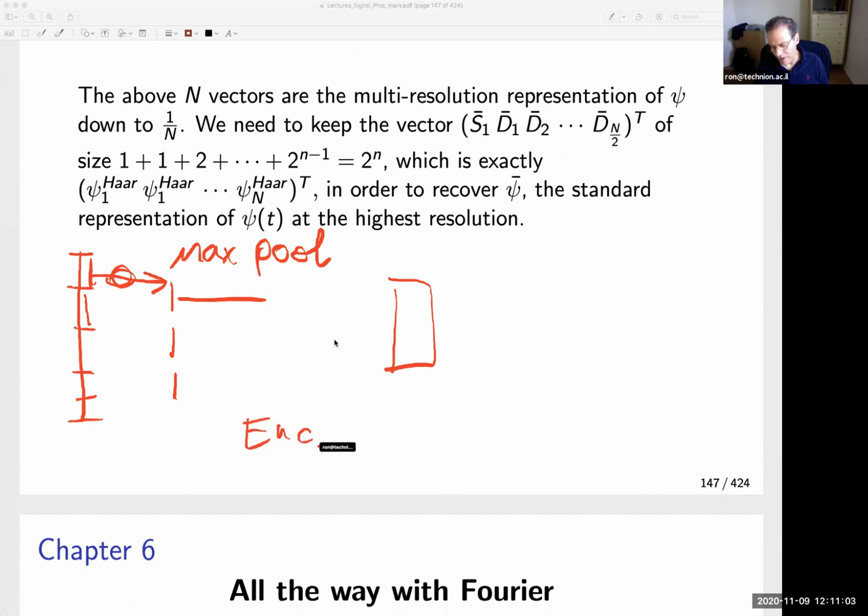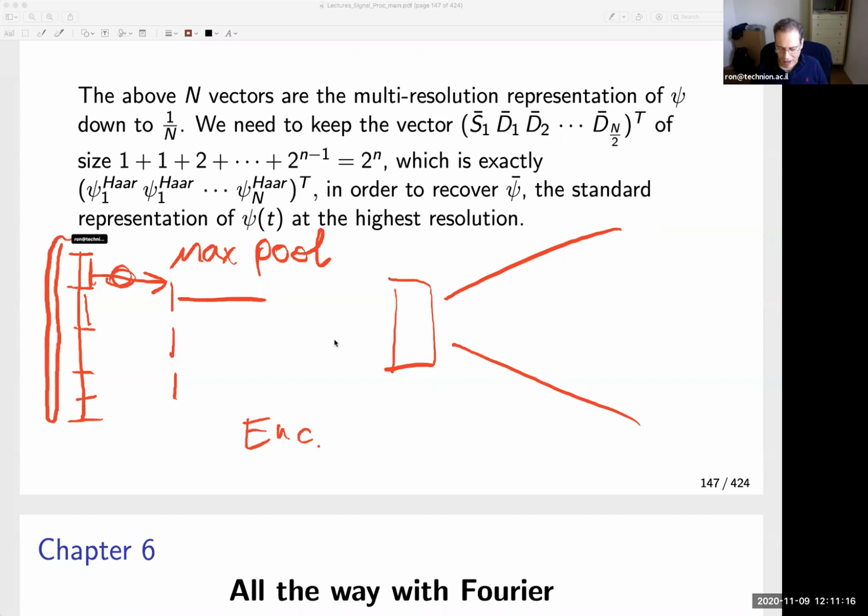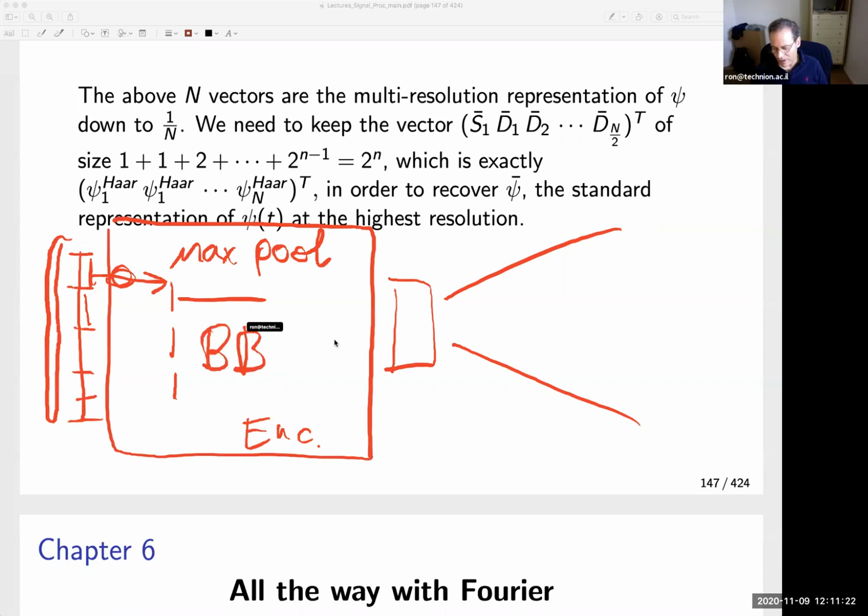And then you can scale it up, and it would be called a decoder. And fundamentally, this is exactly the same question. How can I take my information here? And here I have a black box. This is the black box that we are now trying to understand and decipher, so that at the end of this black box, I'm getting this small number of coefficients that would represent my psi function.